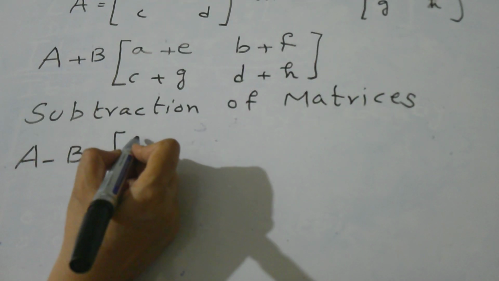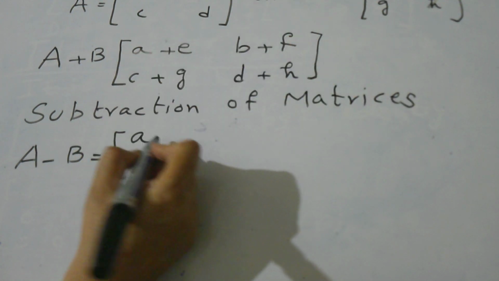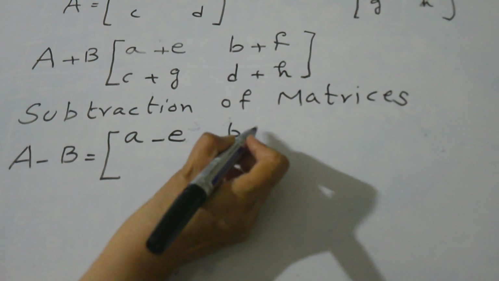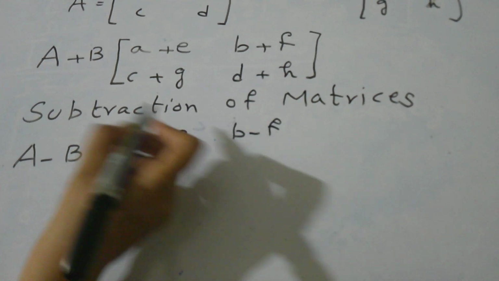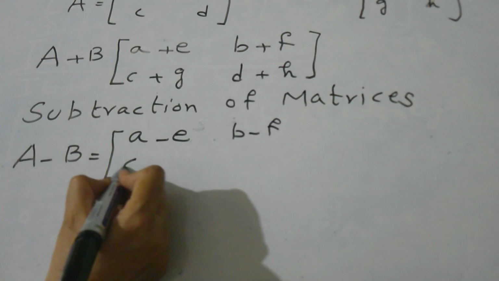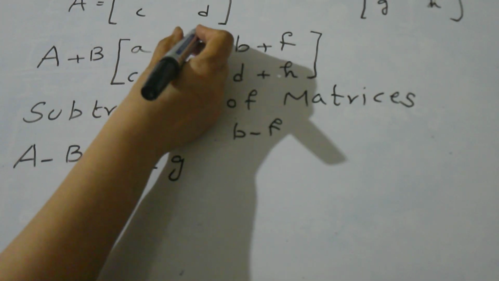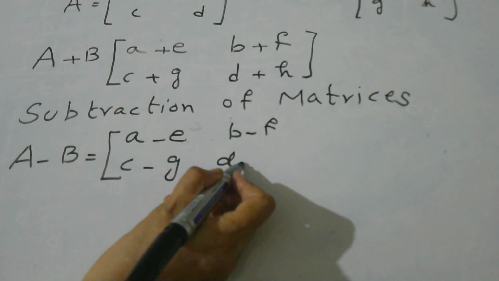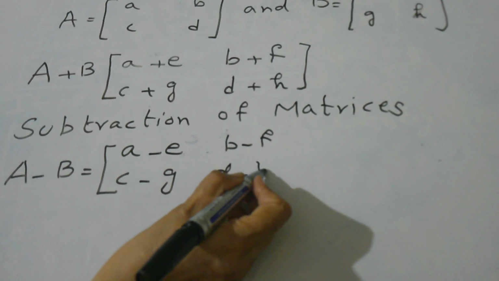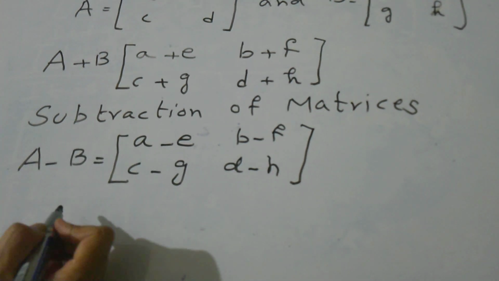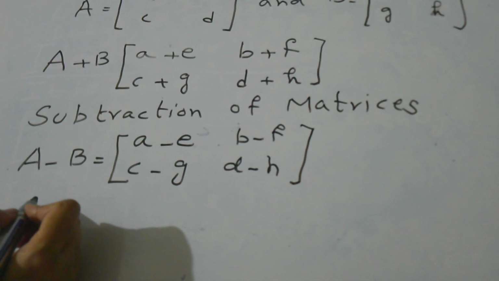I will write A minus E and B minus F. Now C minus G and D minus H. So this is called subtraction of matrices A and B.